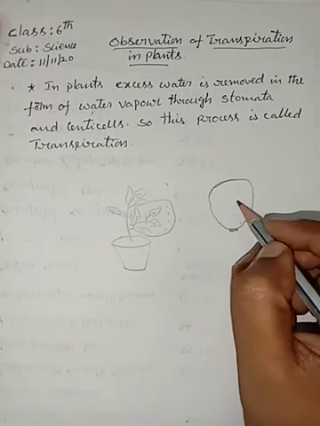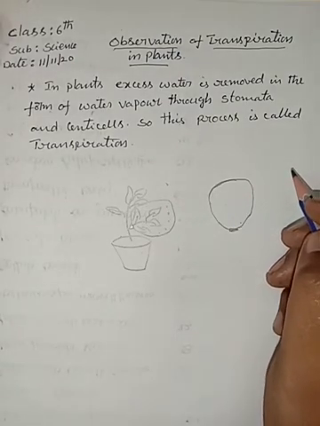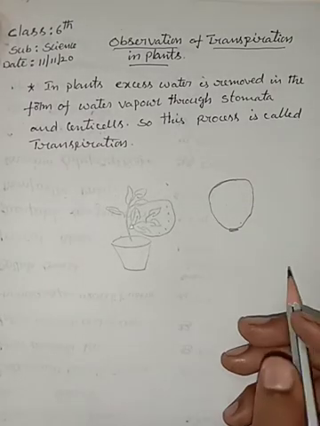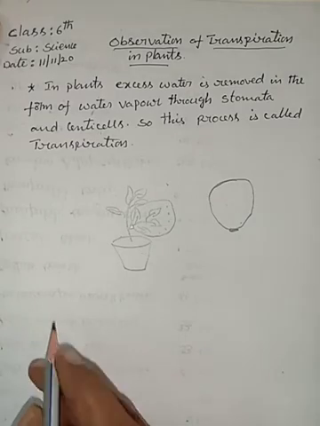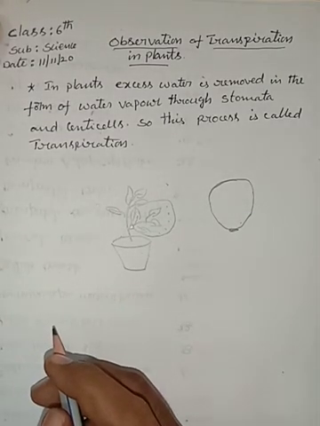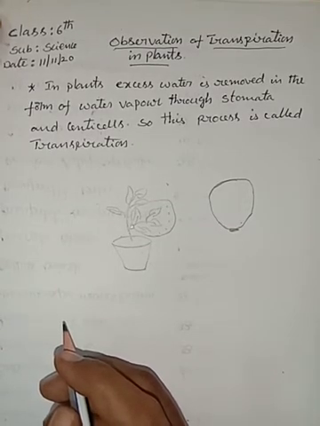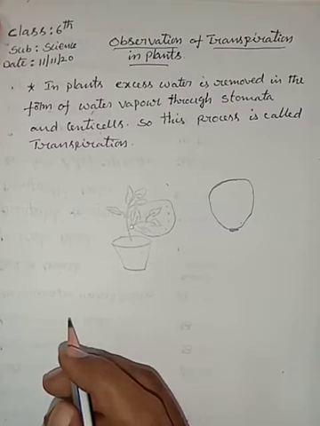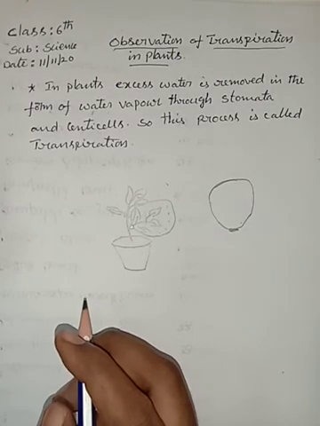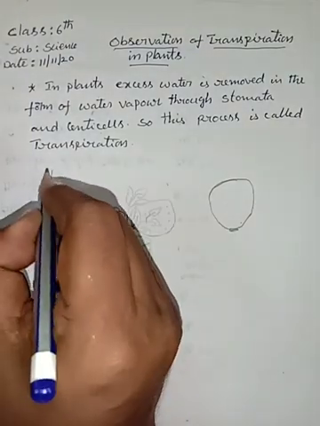In the second polythene bag, there are no water droplets. Okay, children. So we can conclude that plants release excess water from their body through stomata and some other parts as well. This process of releasing water in the form of water vapor by leaves is called transpiration.